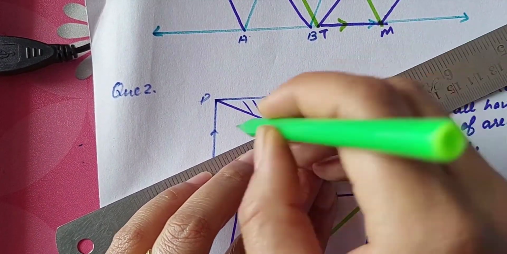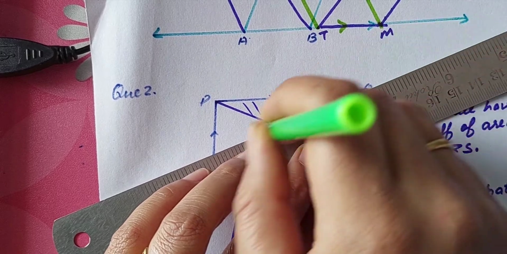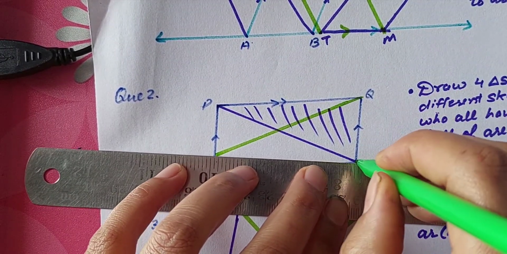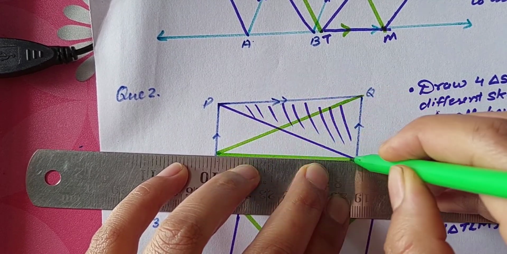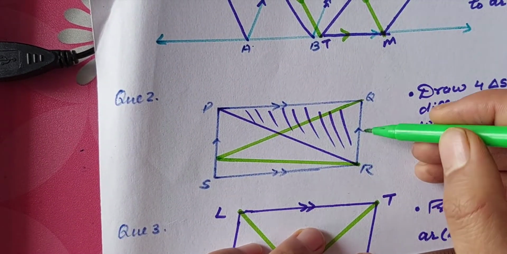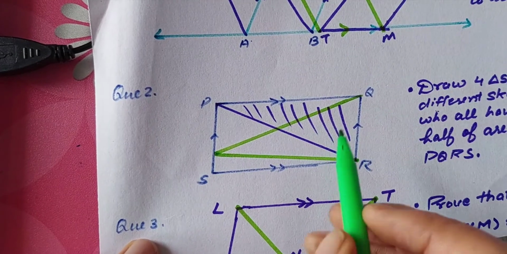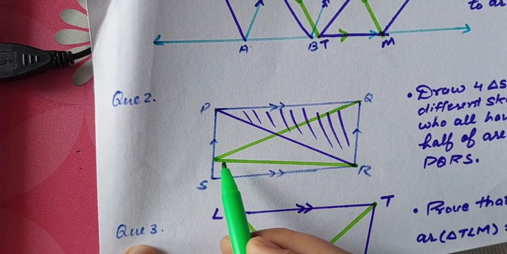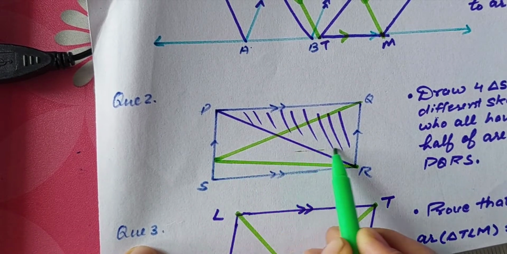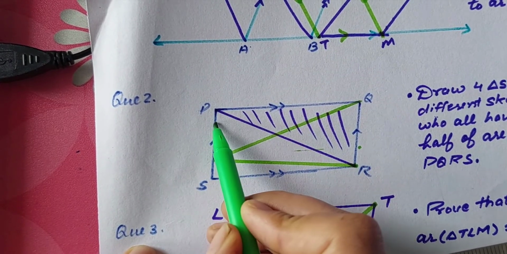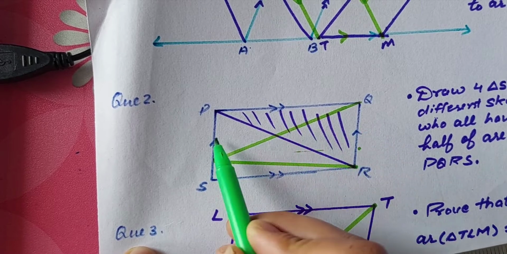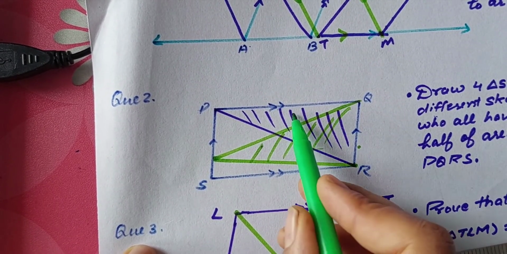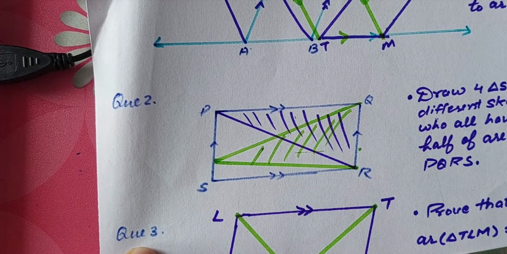See, the base has to be kept the same. I have kept the base QR, so the parallelogram and the triangle have the same base. And what's the height of this triangle? It has been raised from QR till PS, and both are parallel, so the perpendicular distance is going to be equal anywhere. So the height of the parallelogram and this green triangle is also the same, and in that way this purple and green triangle are also equal in area.